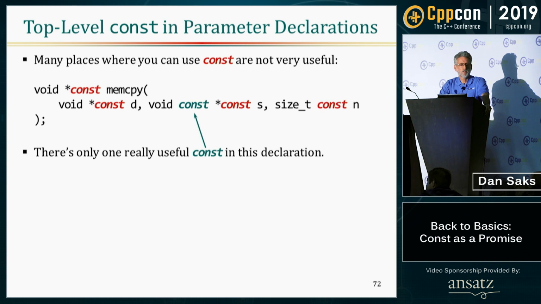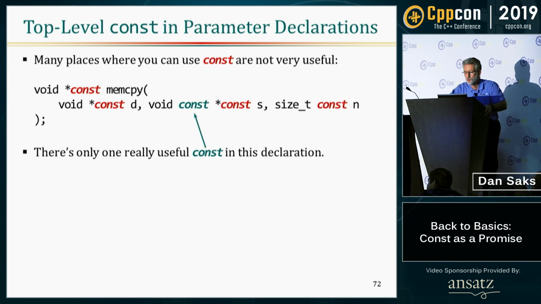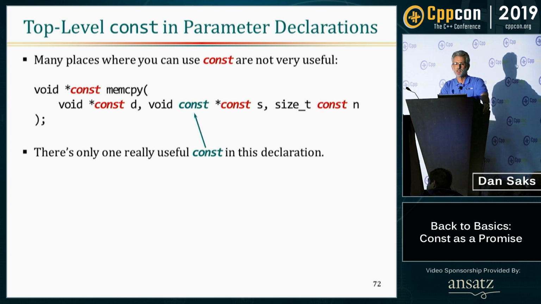There's only one of those 1, 2, 3, 4, 5 consts that actually has a substantive impact. And the problem is, once you start going down this path, most people regret it, because what it does is it drowns the meaningful consts in a sea of relatively meaningless consts.